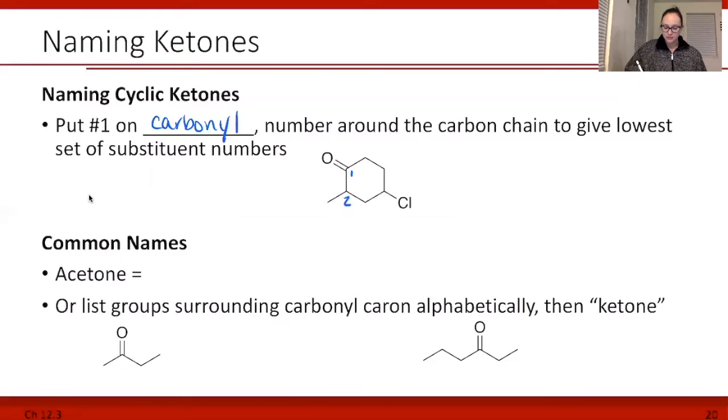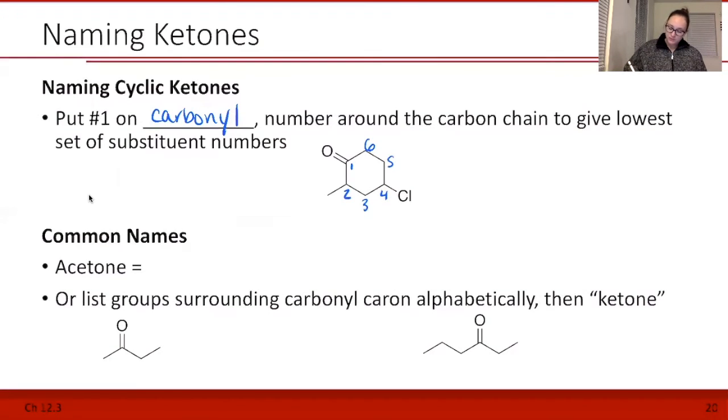So I'm going to put number 2 here, 3, 4, 5, 6. If I have 6 carbons, my parent chain name would have been cyclohexane. However, because I have a ketone, I'm going to get rid of the E and replace it with O-N-E. So cyclohexanone.